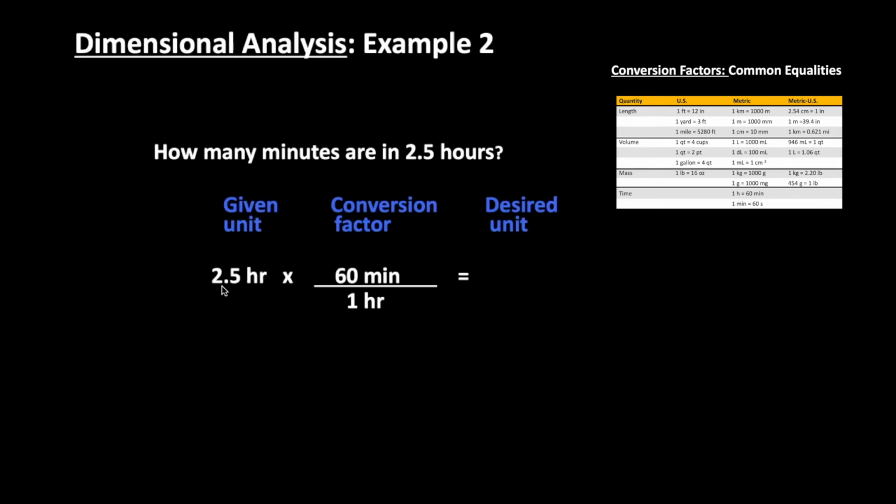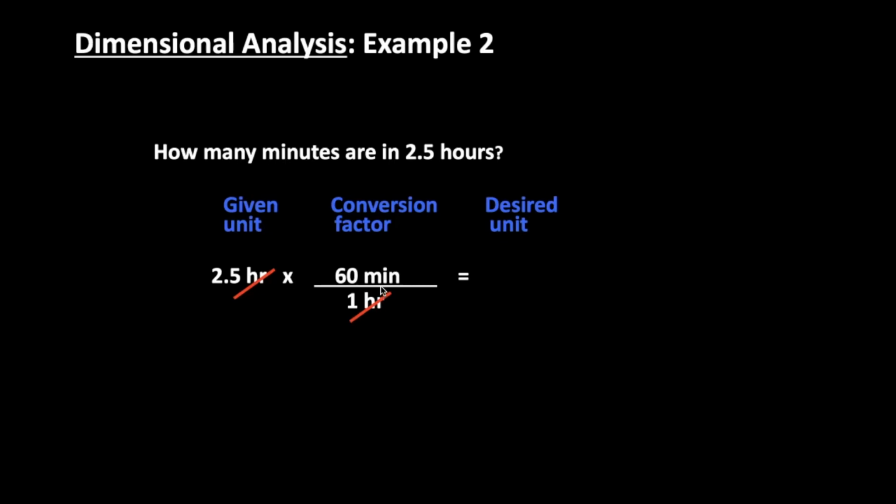Write our given down, the 2.5 hours, then the times symbol, then put in our conversion factor. 1 hour is 60 minutes. We have it so that the hours are on the bottom, so that the units cancel. Minutes is on top, the desired unit we want. Therefore, we end in 150 minutes.